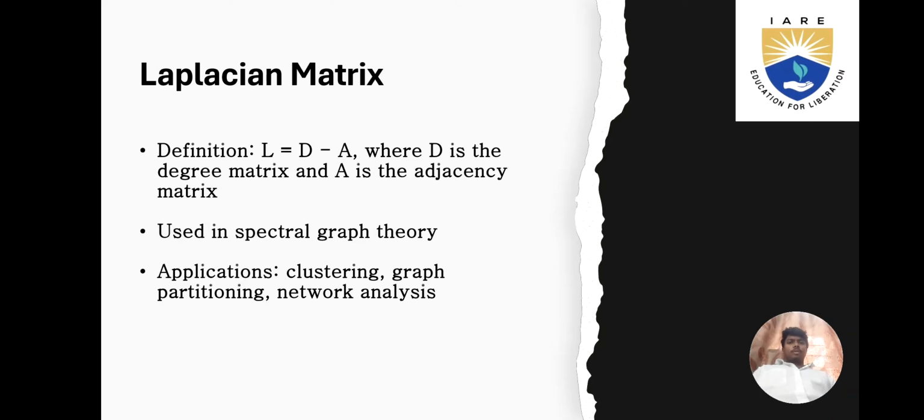The Laplacian matrix encodes density and connectivity. It is used in algebraic graph theory and spectral clustering. Its eigenvalues indicate connectivity. The number of zero eigenvalues equals the number of connected components.